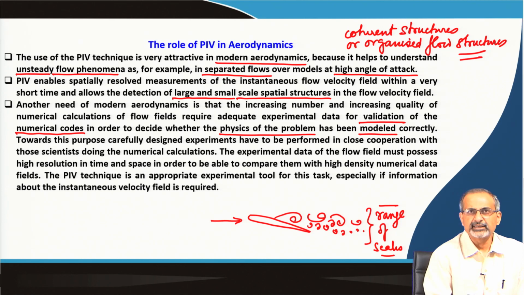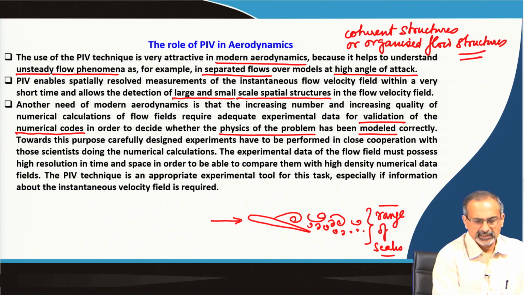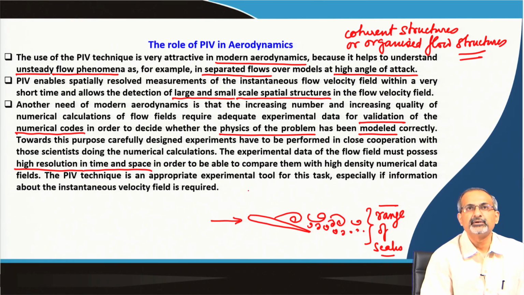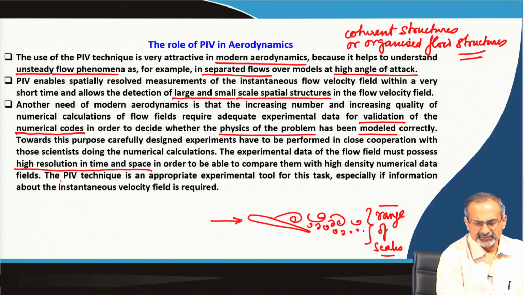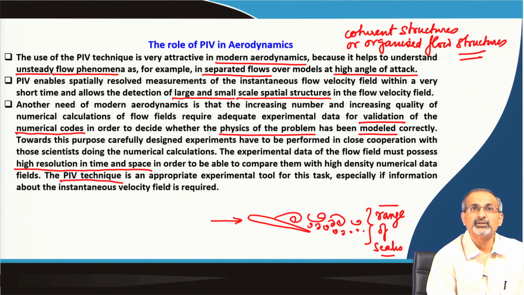The experimental data of the flow field must possess high resolution in time and space in order to be able to compare with high density numerical data fields. PIV techniques happen to be the most appropriate experimental tool for this task, because you are looking at spatial and temporal information. So, this is the best bet that one has for comparing with numerical data.